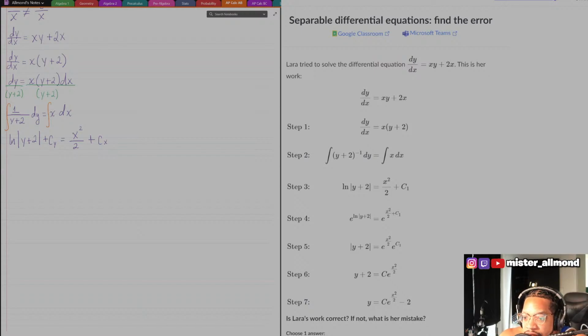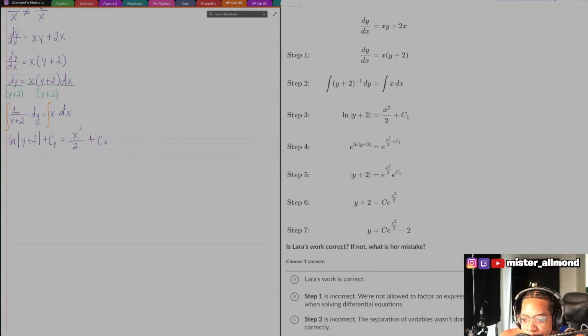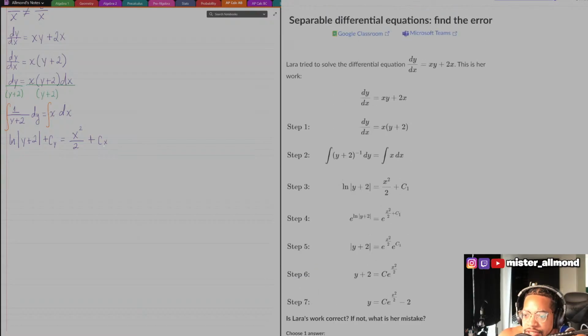Now, I don't know if they added C to both sides and then combined the C's, which would make sense. All right, I'm gonna just keep going because it's technically not wrong. So let's just keep going and then see what they get.